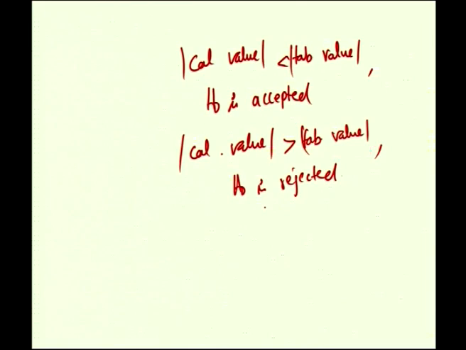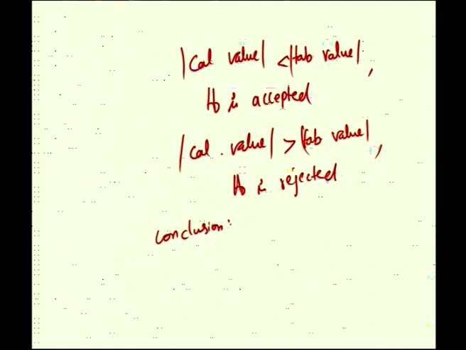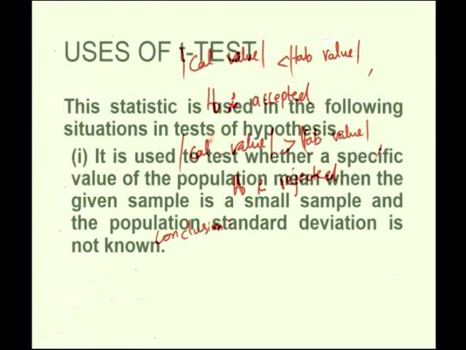H naught is rejected in the sense H1 is accepted. So, when H naught is accepted, you have to write down the statement of H naught as a conclusion, and when H naught is rejected, we have to write down the conclusion as the H1 statement.